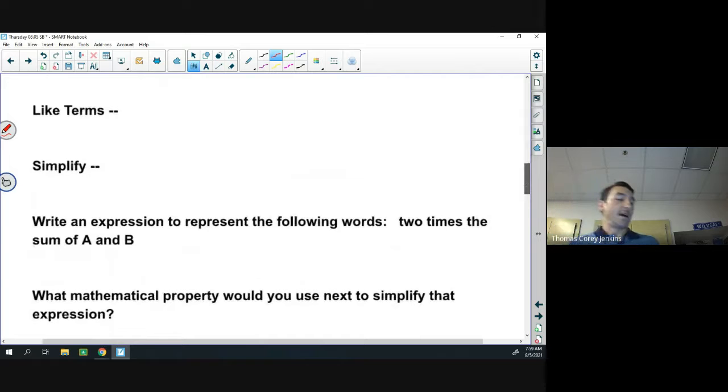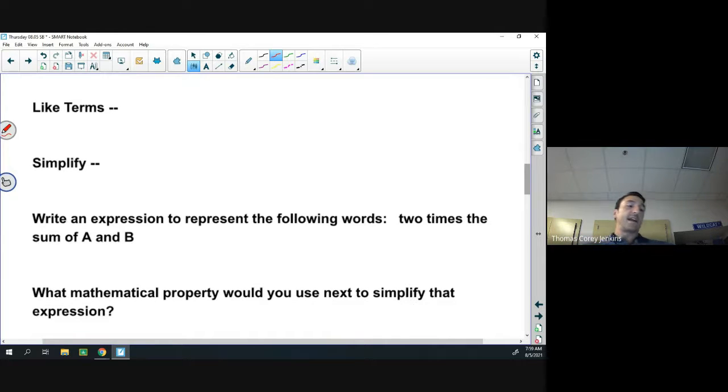All right, so kind of moving on to the backside of the first page there. Let's go ahead and define these. So like terms are terms that have the same variables and the same power on those variables.